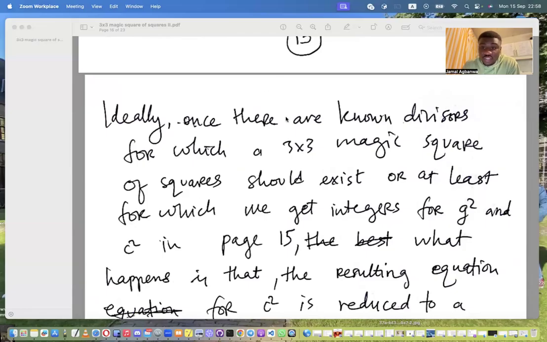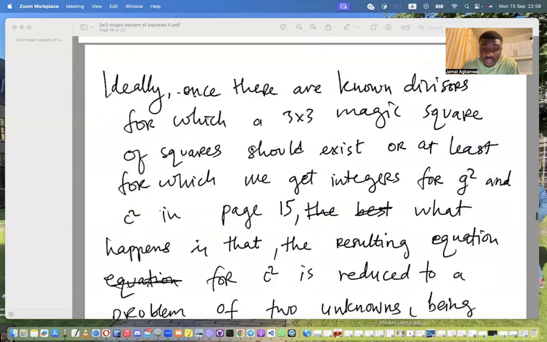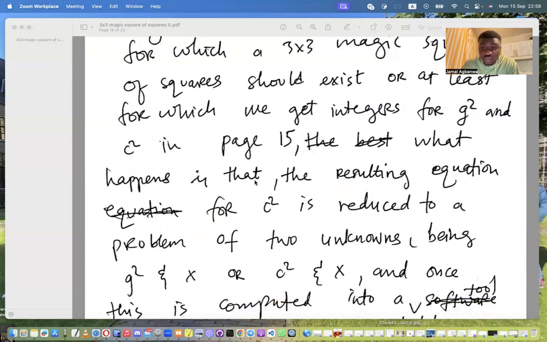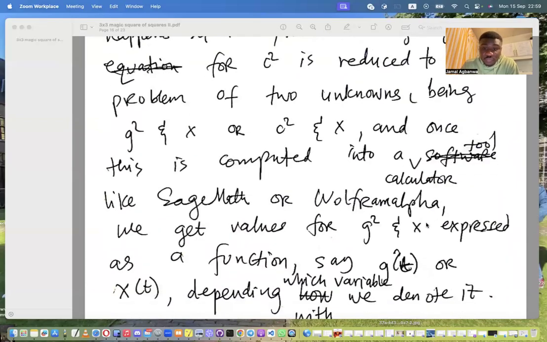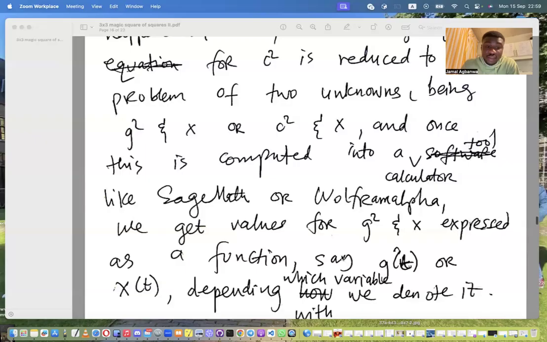So ideally, once there are known devices for which a 3 by 3 magic square of squares should exist, or at least for which we get integers for g squared and c squared in page 15, what happens is that the resulting equation for c squared is reduced to a problem of two unknowns, being g squared and x, or c squared and x. And once this is computed in a calculator tool or computing software like SageMath or Wolfram Alpha, we get values for g squared and x expressed as a function, let's say in terms of t.